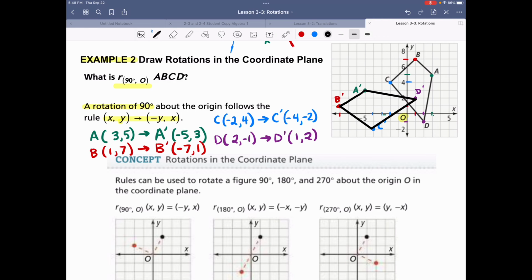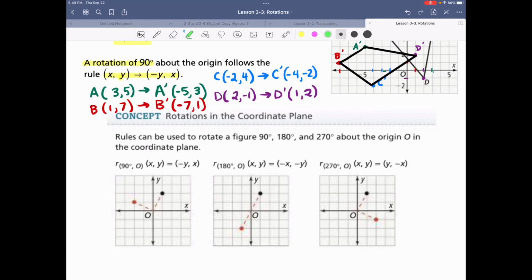And what we could do is we could take some tracing paper and we could trace figure A, B, C, D. And we could put a pencil here at the origin, and we could hold our paper there and see if we spun our paper around, would it end up where this new figure is at. So that is a rotation of 90 degrees about the origin.